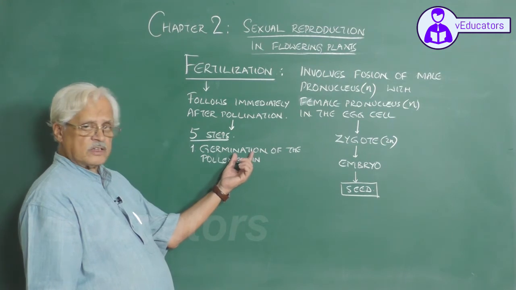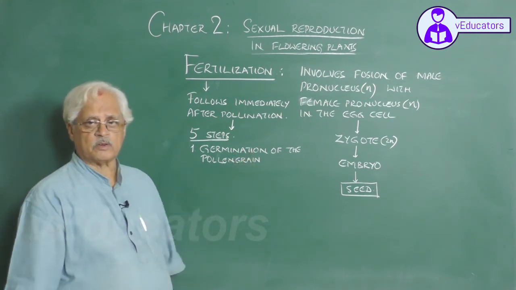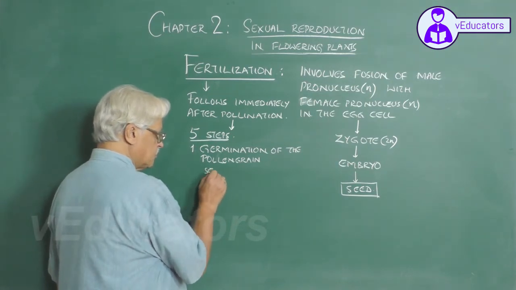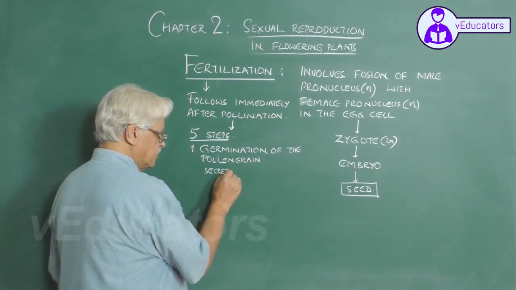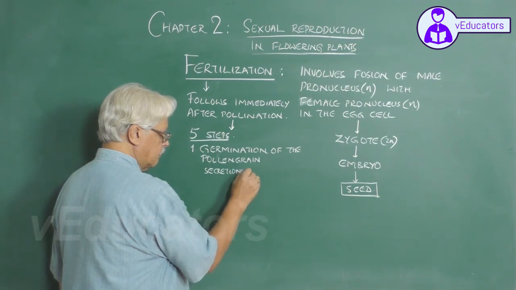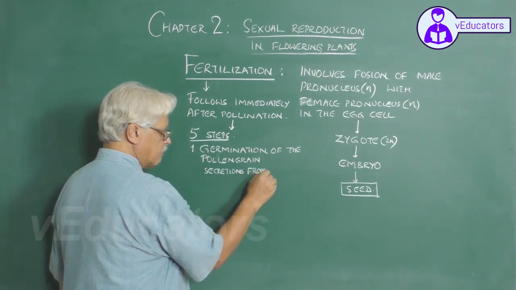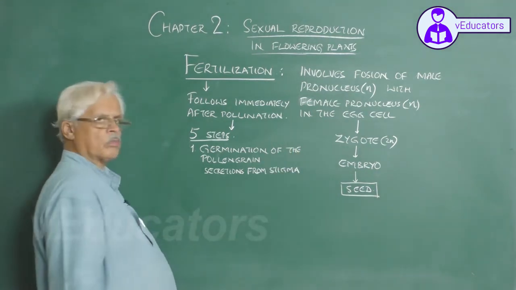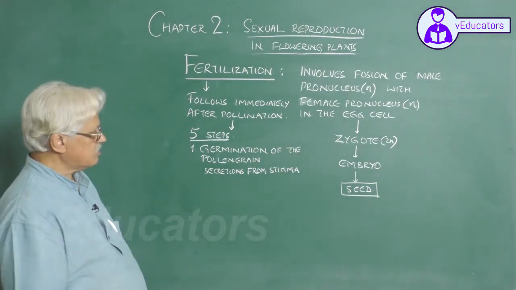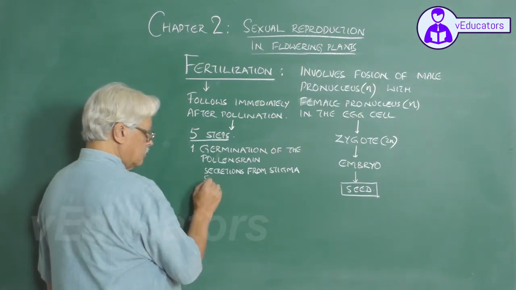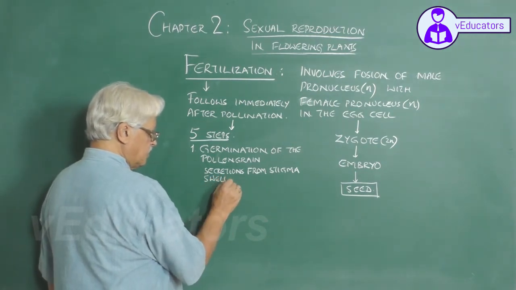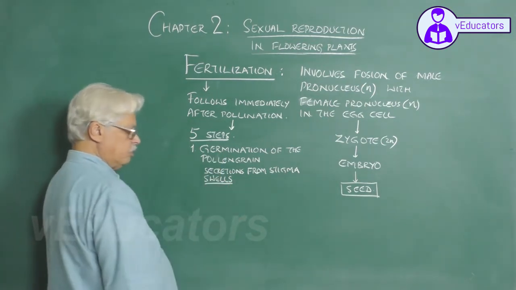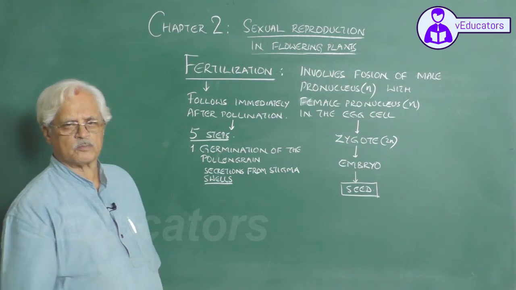The pollen grain that has been deposited on the stigma of the flower starts absorbing certain secretions from the stigma. As a result of absorbing these secretions, the pollen grain swells.